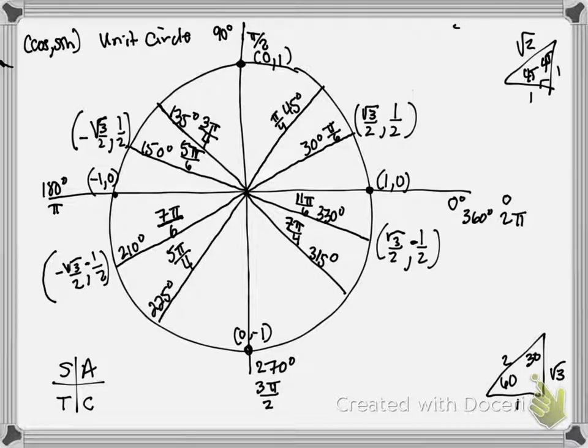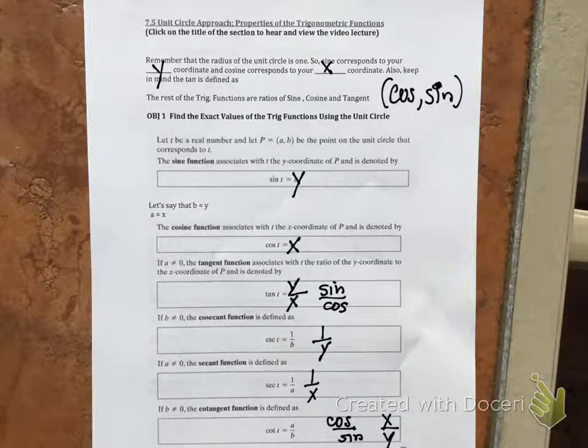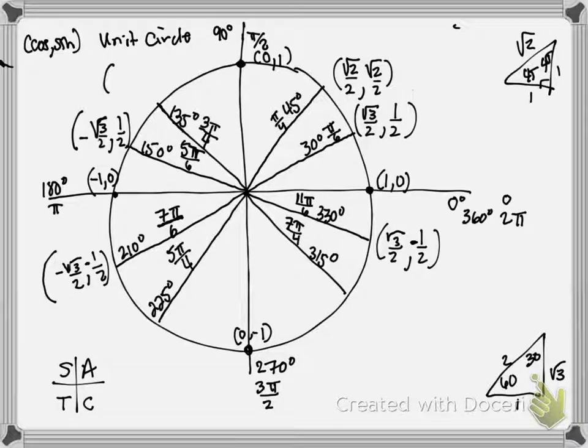Okay, now I need my values. So I need to find out what sine and cosine are at 45 degrees. And hopefully you're saying it's radical 2 over 2 for cosine and radical 2 over 2 for sine. So go ahead and put those values in the unit circle here. And leave spaces for negative signs, because once again we've got to do that as well.